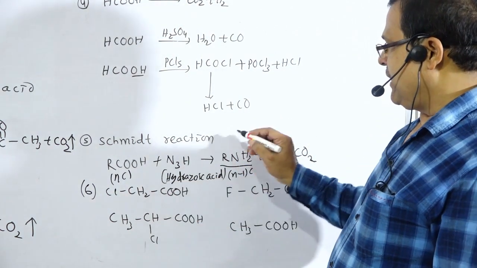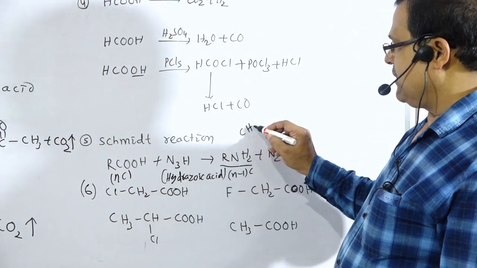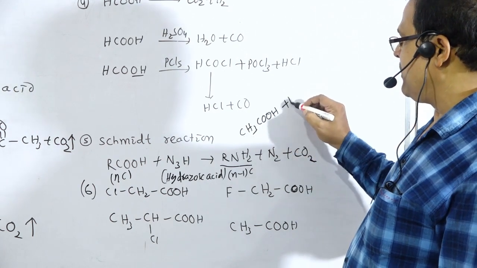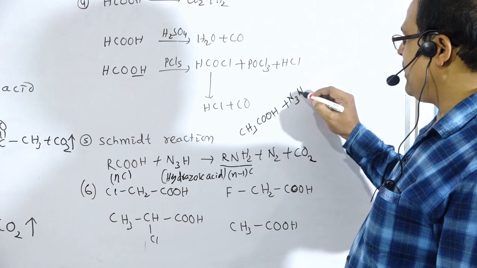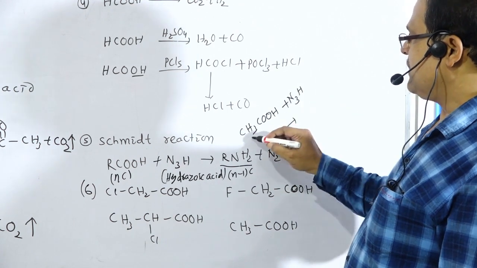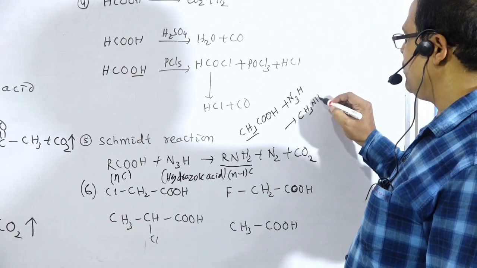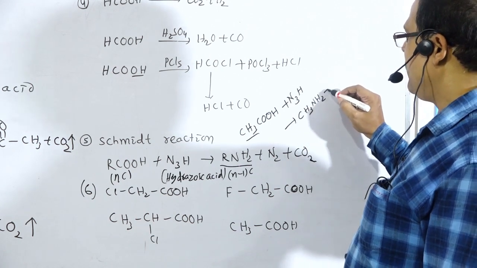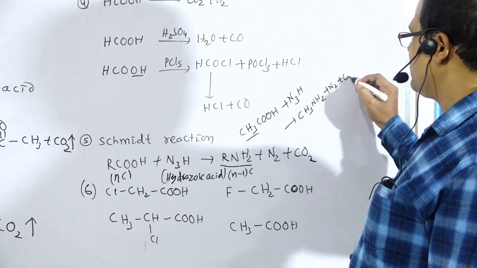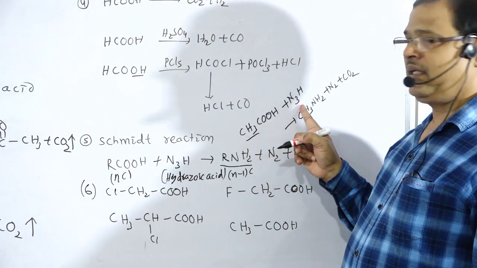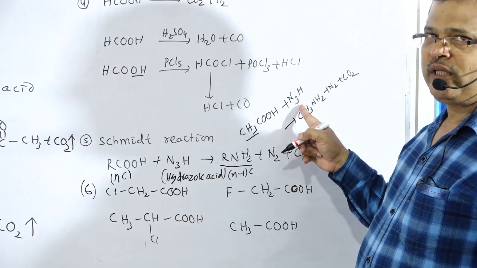If we take an example, acetic acid, CH3COOH, treated with hydrazoic acid, N3H, what will be the product? That is CH3NH2 plus N2 plus CO2.